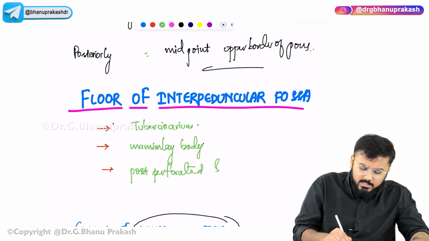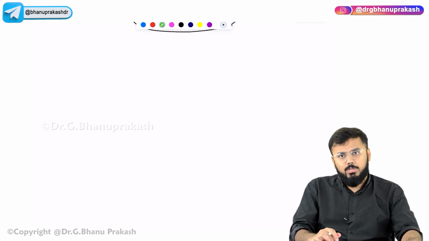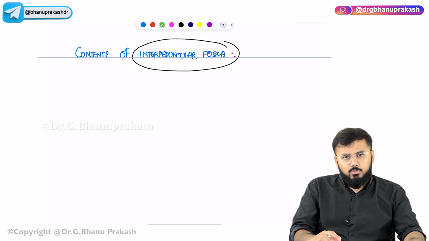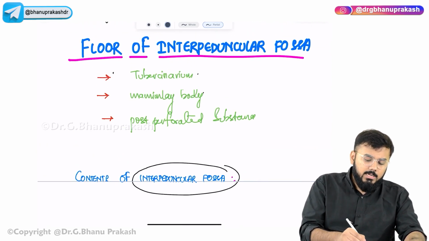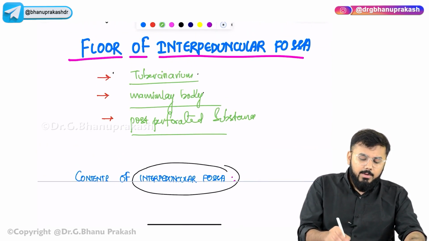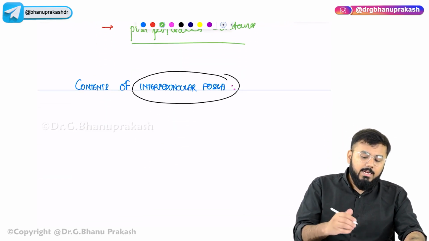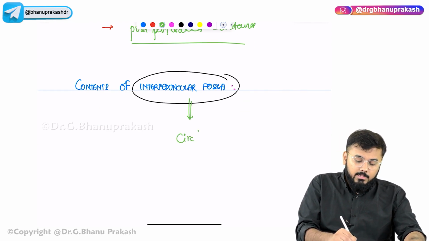I drew this in a picture when explaining the wall of the third ventricle. The structures located on the inferior surface are the tuber cinereum, mammillary bodies and posterior perforated substance. We have discussed these structures. Coming to the contents of the interpedicular fossa, only one thing: the circle of Willis.